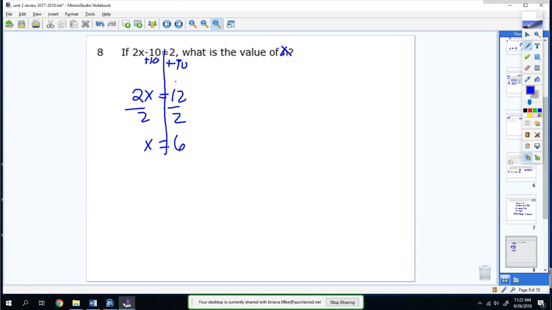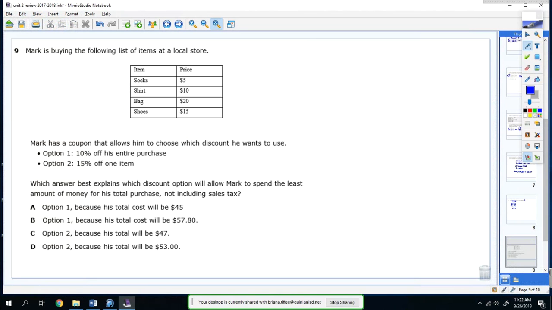All right, next one. Mark is buying the following list of items at a local store. Mark has a coupon that allows him to choose what discount he wants to use. Option 1, 10% off the entire purchase. Option 2, 15% off one item. Well, I need to figure out his total. So I add them all up, and you get $50. So you would have to find 10% of that. So you do 50 times 0.1, which would be $5.